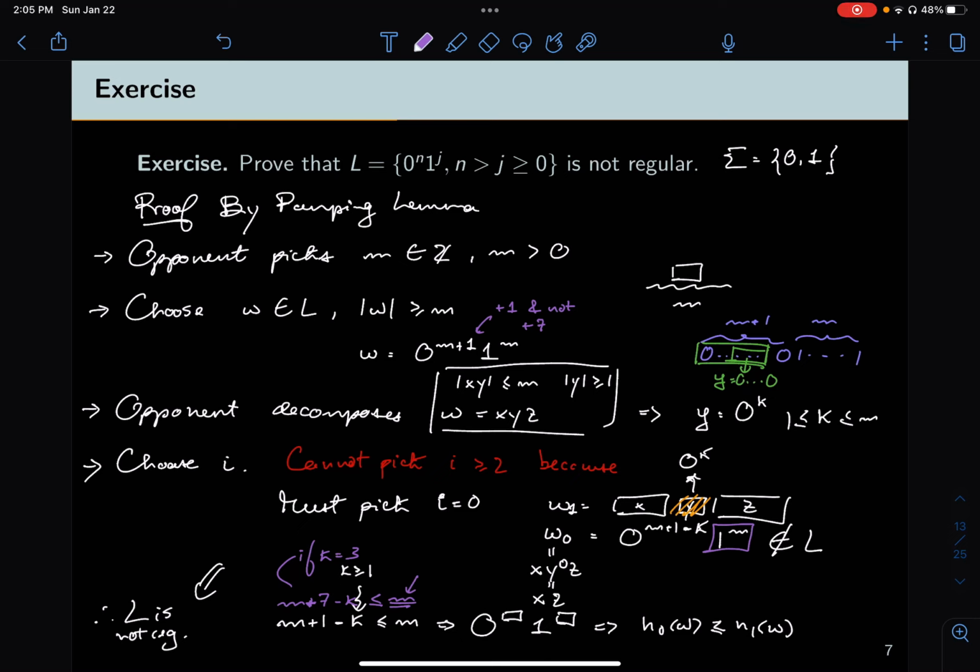And so that means our opponent, if they're clever enough, could pick a decomposition that fools us, and it fools us because we incorrectly picked the string w. That's why the plus 1 instead of the plus 7 is crucial here. The other thing that's crucial is to recognize that you have to pump down and that you can't pump up. Okay, so that's an example of using the pumping lemma to prove that a language is not regular.